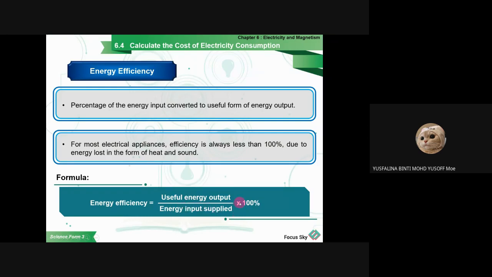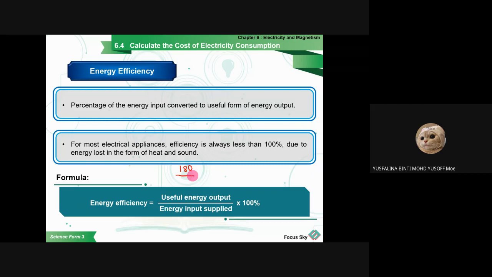For the refrigerator example I just told you, we supply 200 joule of energy to the refrigerator, and let's say we get only 180 joule. The 20 joule is transformed to heat energy and sound energy, so the useful energy here is only 180.